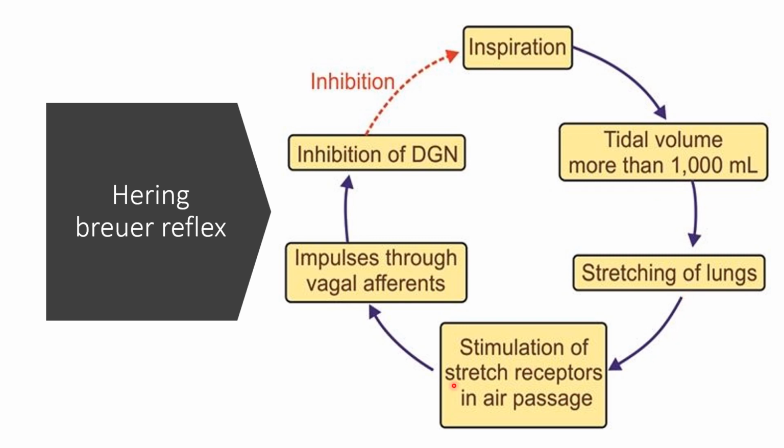This stimulates the stretch receptors in the air passage, and the impulses are carried through the vagal afferent, which, as we discussed before, inhibits the dorsal respiratory group, mainly responsible for inspiration. When it is inhibited, the inspiration stops, so inspiration is checked and the tidal volume comes back to the normal level. This is called the Hering-Breuer inflation reflex, which happens because of overinflation of the lung.